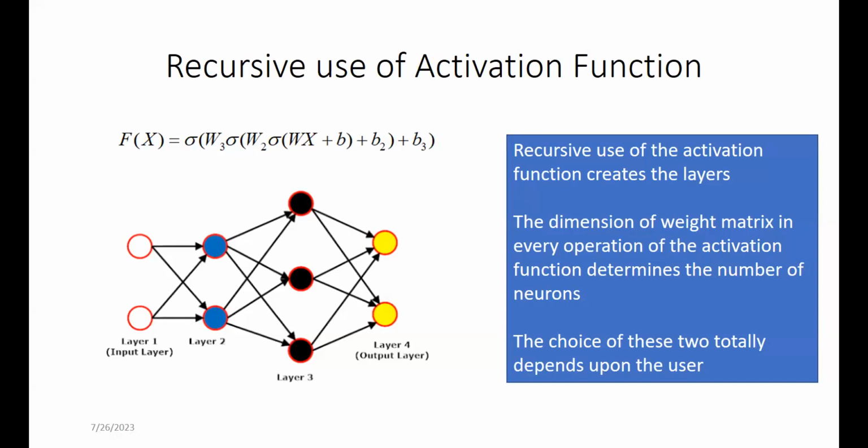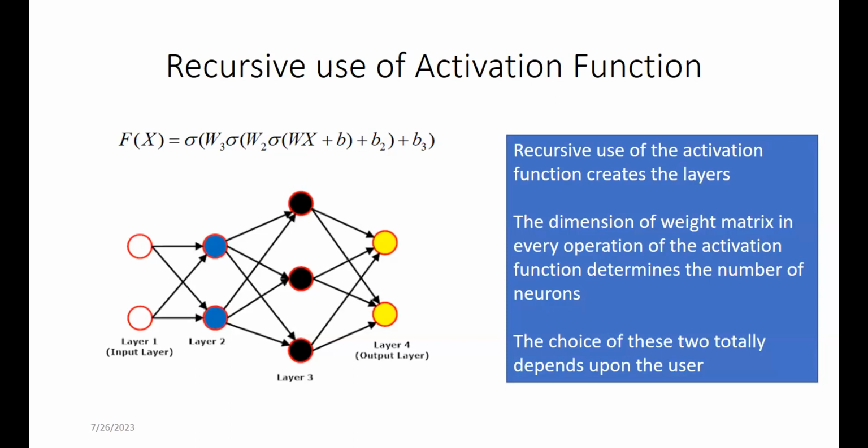Final layer means the layer where we stop the recursive use of the activation function. This was the theoretical concept where we utilized the role of the activation function and its recursive use to create the number of layers and a specific number of nodes in a particular layer.